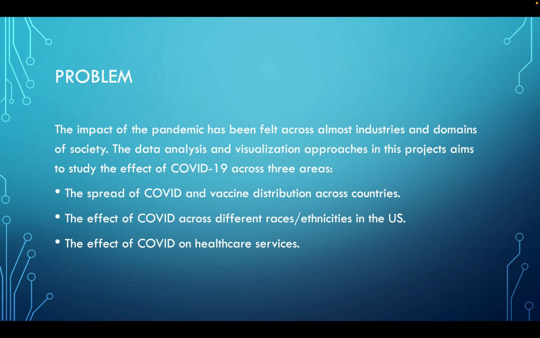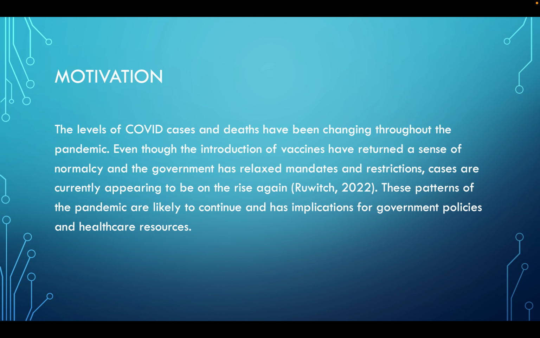The second problem that I'm going to be answering is how COVID has affected different races and ethnicities in the U.S. And the last problem is the effect of COVID on healthcare services. We know that hospitals have been hit really hard during the pandemic, so I wanted to see how COVID has contributed to healthcare services.